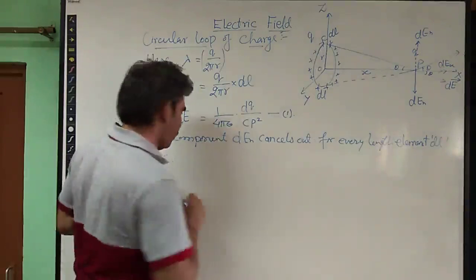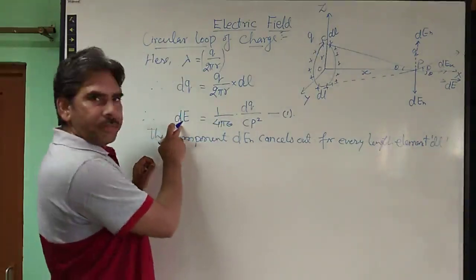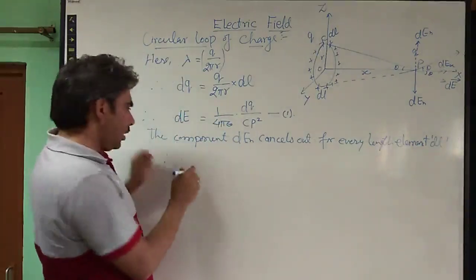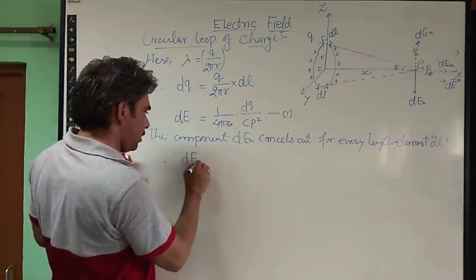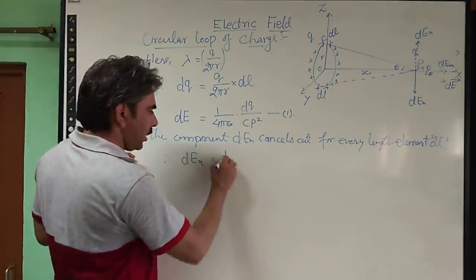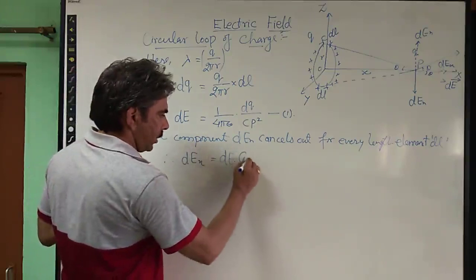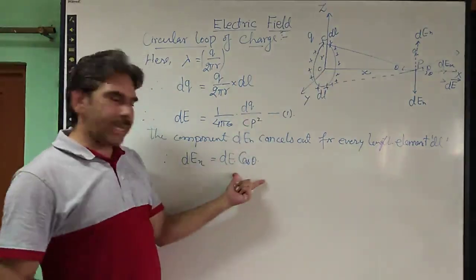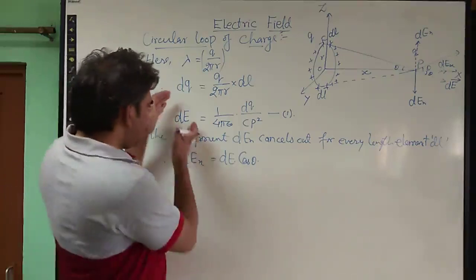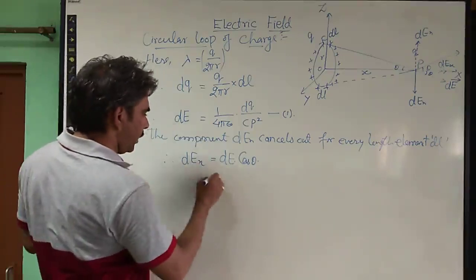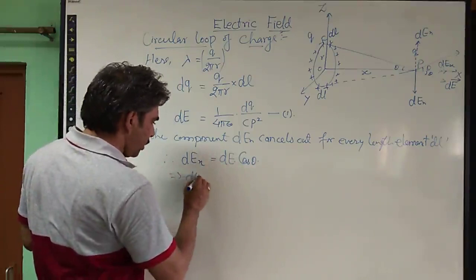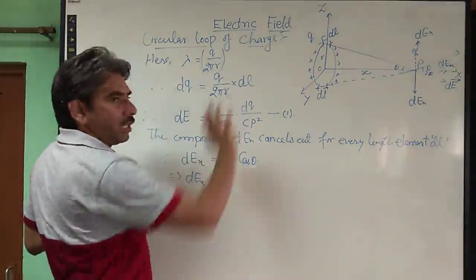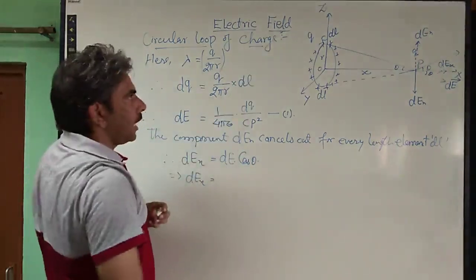So what component of this electric field is left uncancelled? Which is only dEx, which you can write as dE times cos theta. From this vector notation, this dEx is equal to dE cos theta. We substitute the values of dEx here. So this is the small electric field due to the length element at point C.